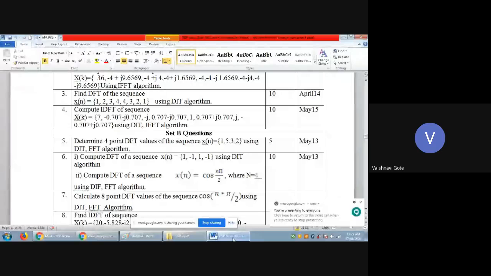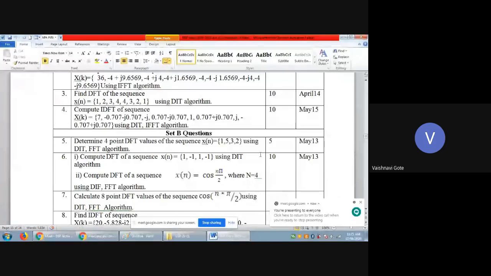Okay. In this, first at input side we take the sequence in bit reversal order, and output sequence in natural order.